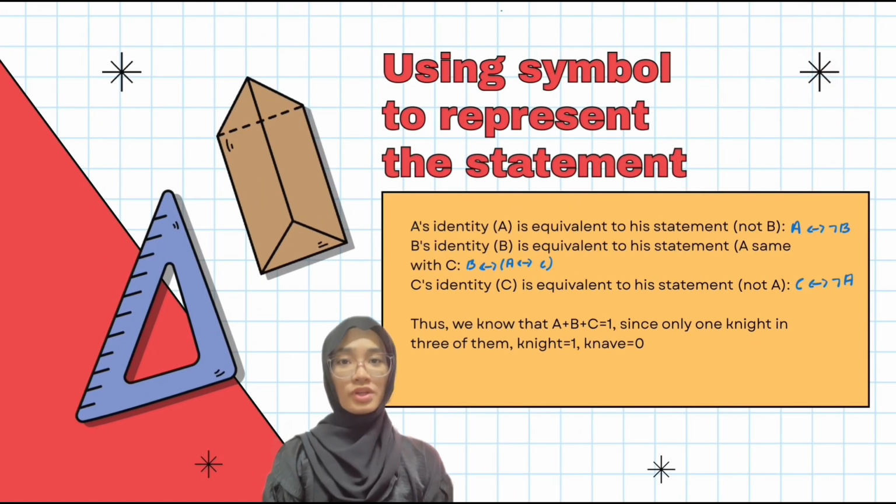Next, we write each statement using logical symbols. A's identity must match the statement B is a knave.